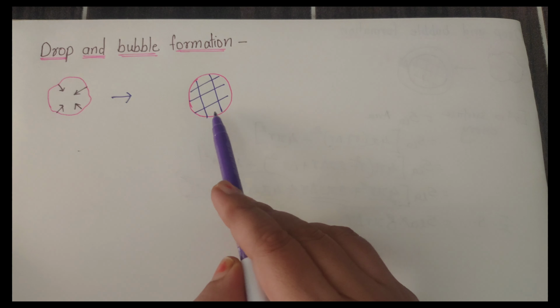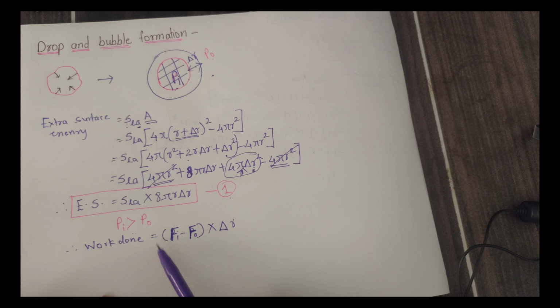Now what is the next important concept? In case of the drop, the internal pressure inside the drop is more than the external pressure, and because of this pressure difference, there is an increase in the radius, right? That means if the drop is in equilibrium, then whatever extra surface energy is there is being utilized to increase the radius. So the increase in radius is nothing but the work done. What is work done?